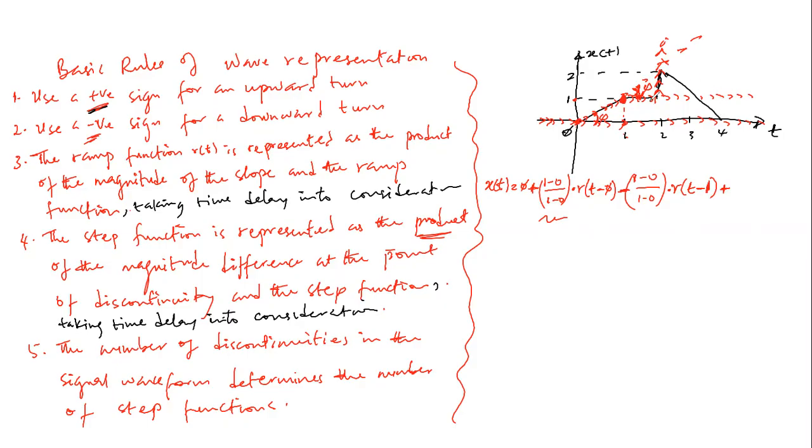And the magnitude difference between this point and this point is 1 and 2. So the magnitude difference is 2 minus 1 times the unit step function u(t), and this occurred at time t equal to 2, so t minus 2.